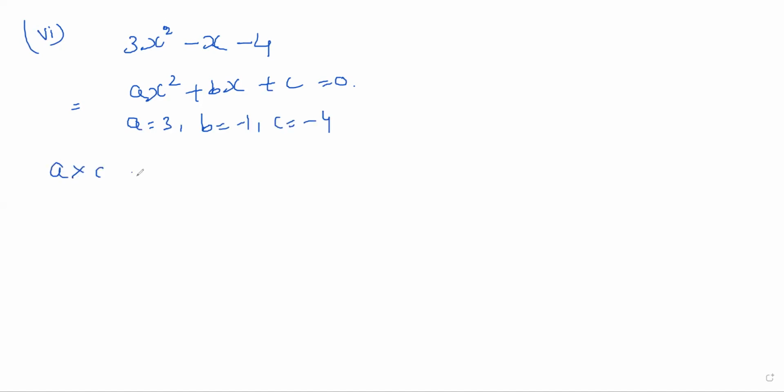What is a into c? That is 3 into minus 4, it is minus 12, and b is minus 1. So the product should be minus 12 and the sum should be minus 1.